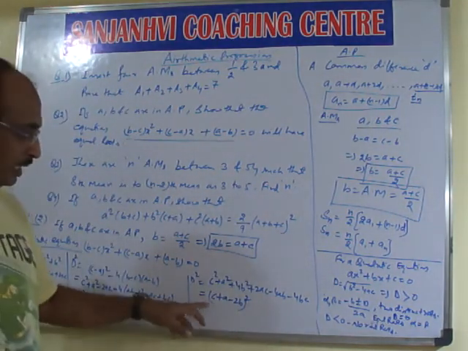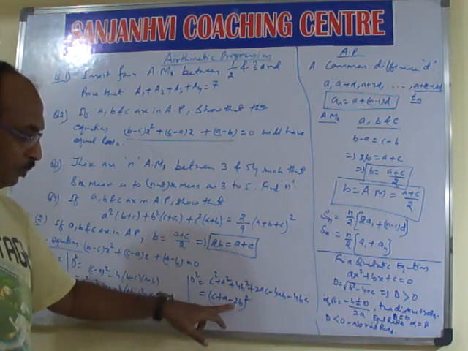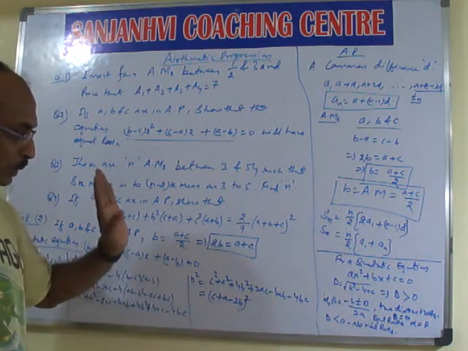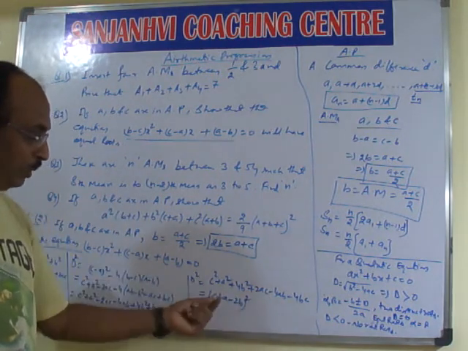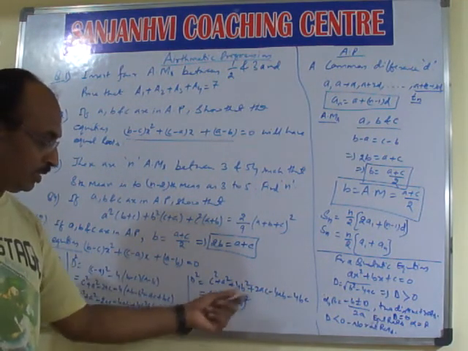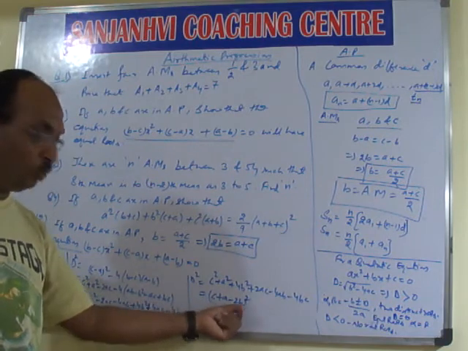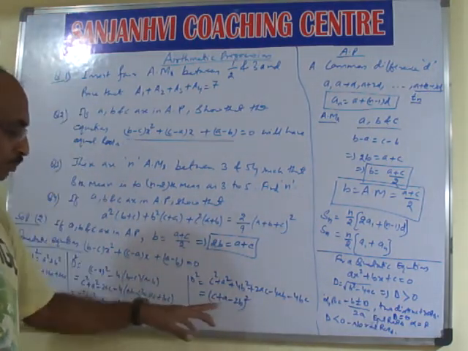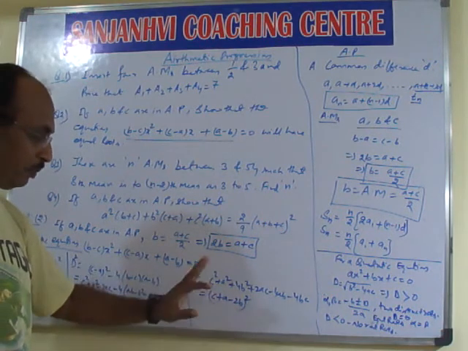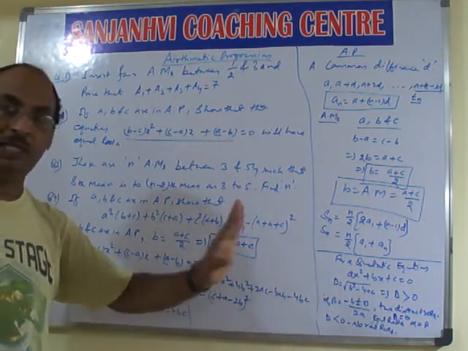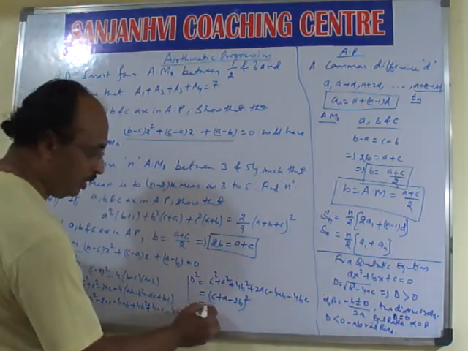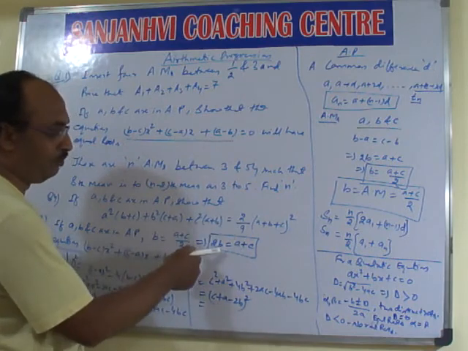Now see, c square plus a square plus 4b square, no problem, plus 2ac, so 2ac positive, minus 4ab, so 2 into a into minus 2b, so minus 4ab, minus 4bc, 2 into minus 2b into c, minus 4bc. Right? Okay.